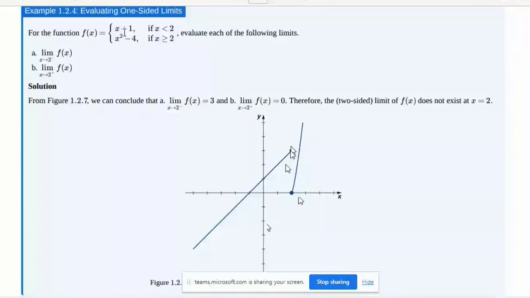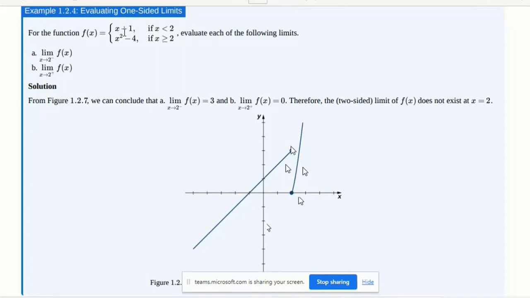Do we agree? Yes, when x is less than 2. And then this other one, coming from the top and resting at 2, is the quadratic x squared minus 4, where x is greater than or equal to 2.